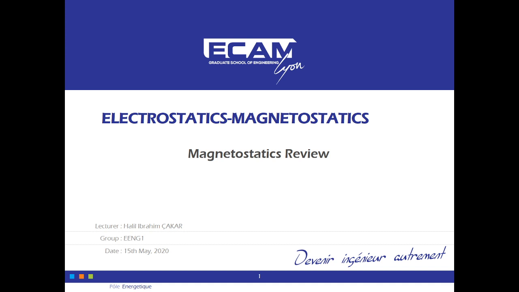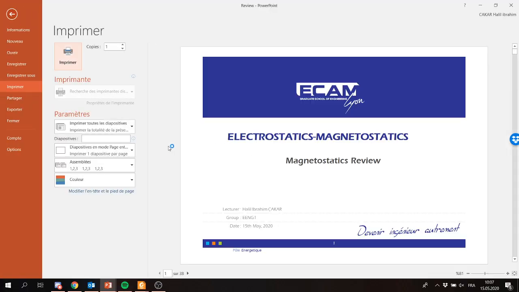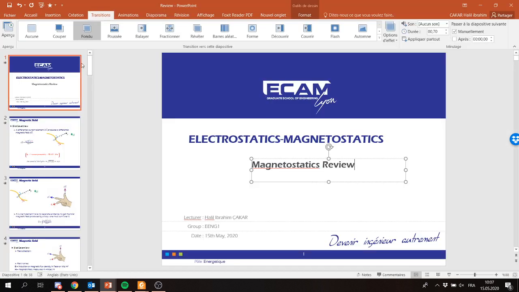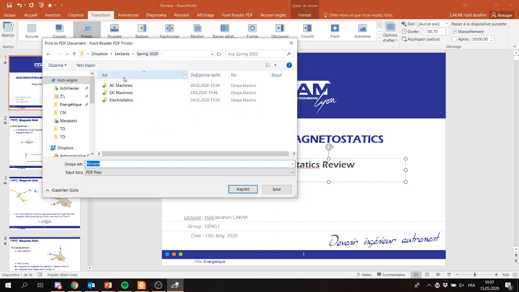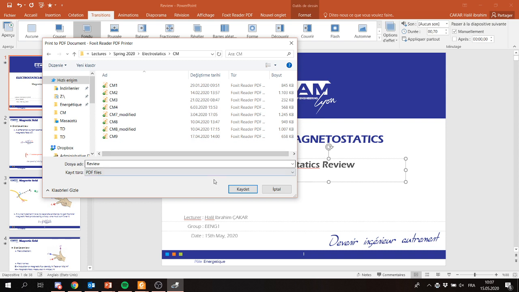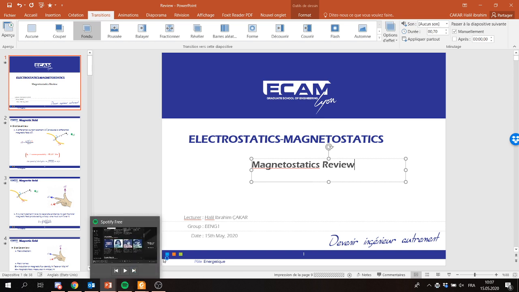Okay, I can post it as a PDF as well. And the final exam, the method is not clear in my mind yet. Just let me print it as PDF, because some of your friends asked for it in PDF form.